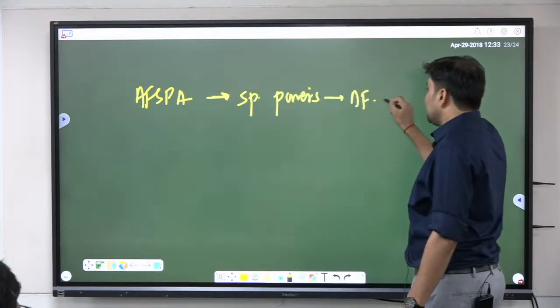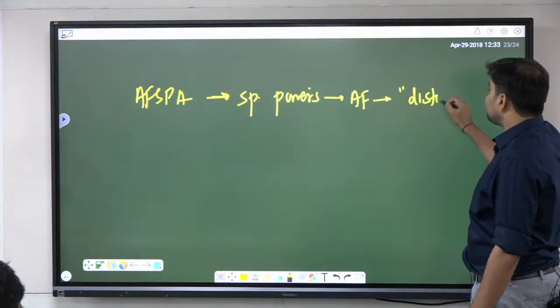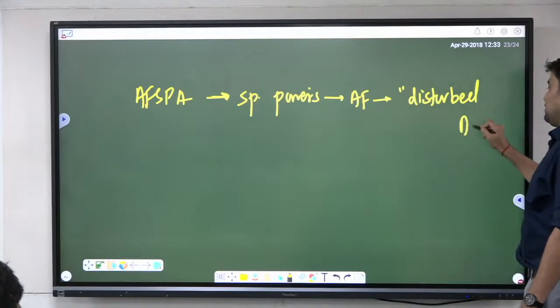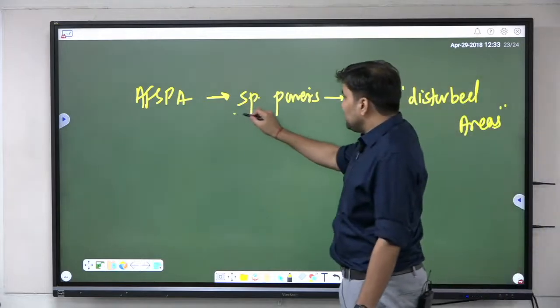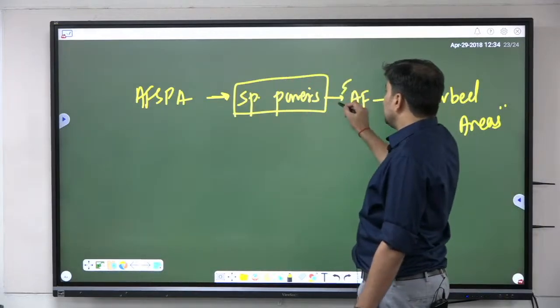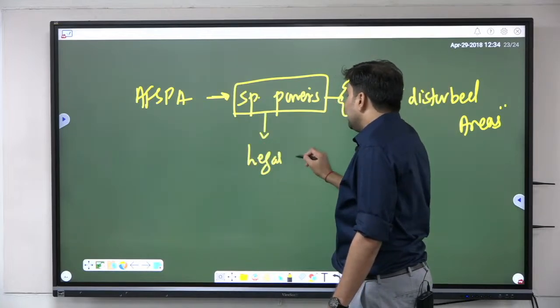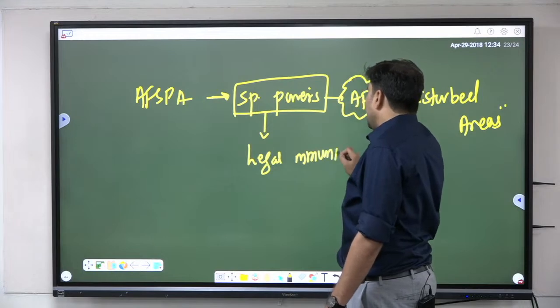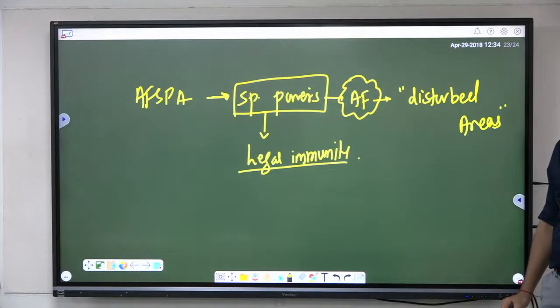Armed forces, special powers to the armed forces in disturbed areas, and these special powers are nothing but legal immunity against their actions. Do you understand? That means if you kill someone, IPC 302 would apply to others, but for them nothing like that, there is immunity. Getting the idea? That is the problem.